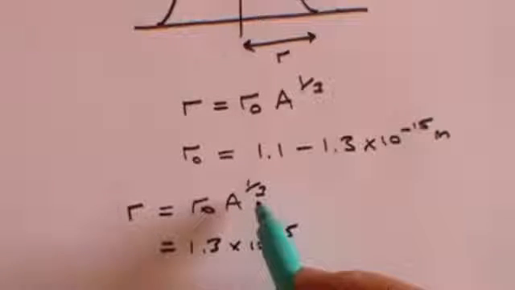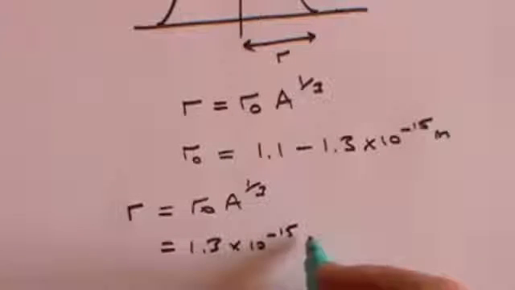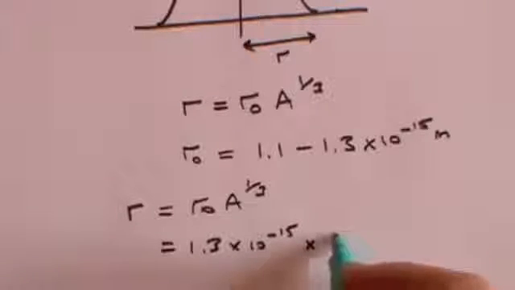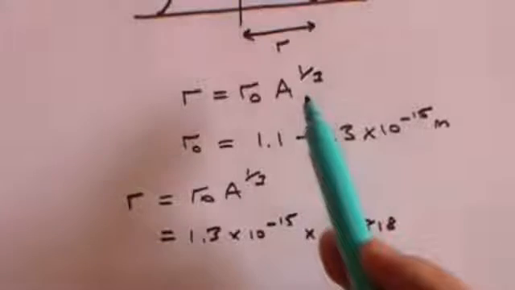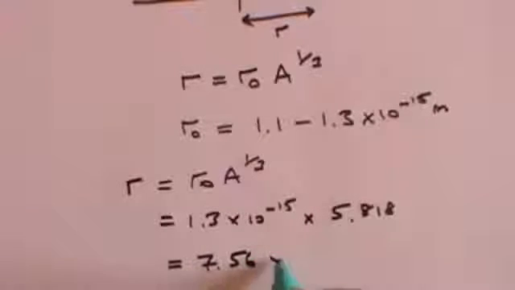Well, for gold, A is 197, and the cube root of 197 is 5.818. That gives us 7.56 times 10 to the minus 15 meters.